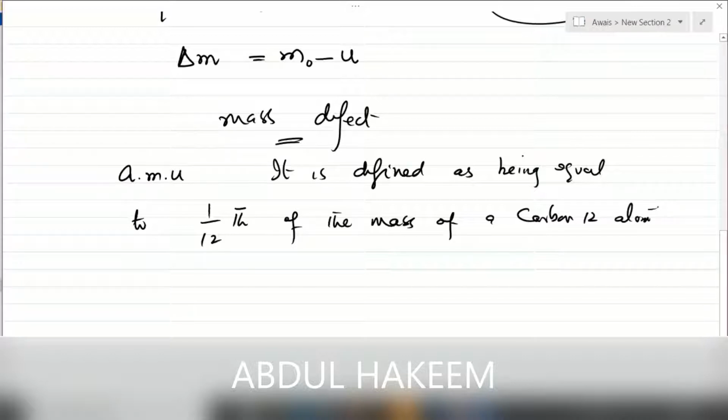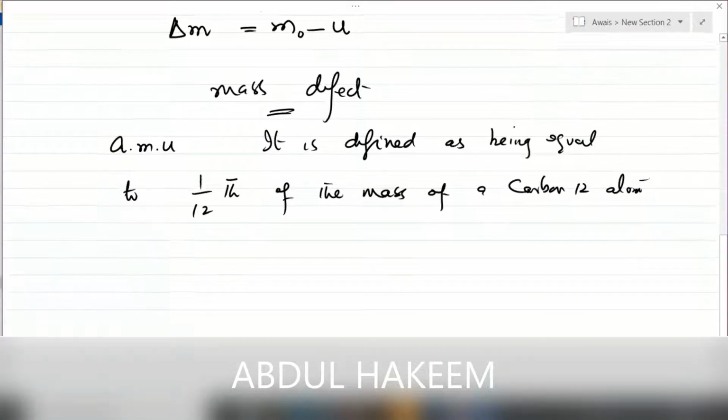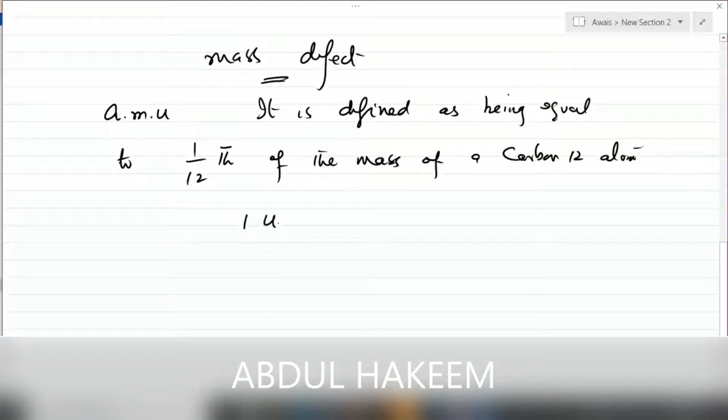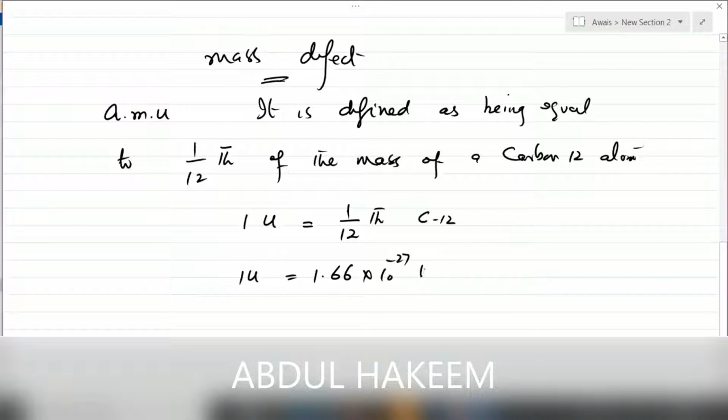Meaning one atomic mass unit, 1 U, is equal to 1/12 of the mass of carbon-12, which is equal to 1.66 into 10 power minus 27 kilogram.